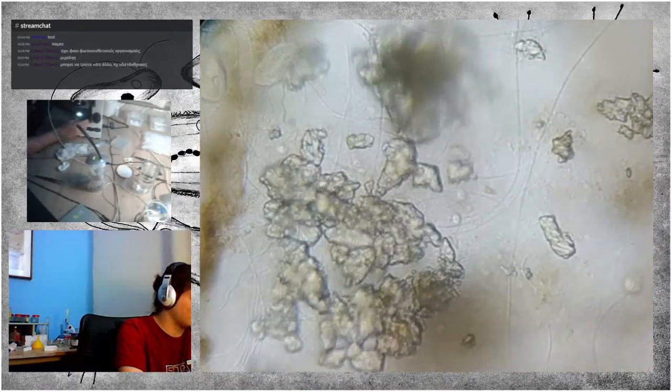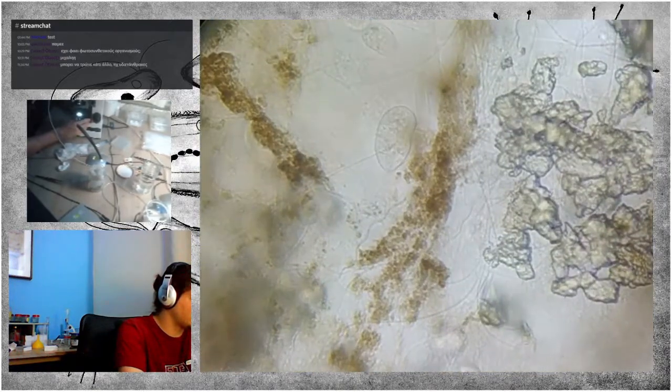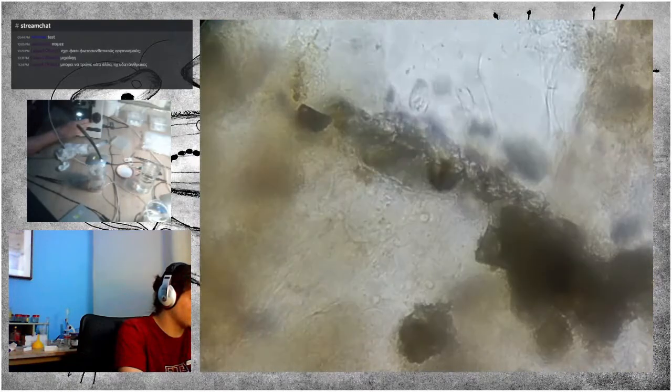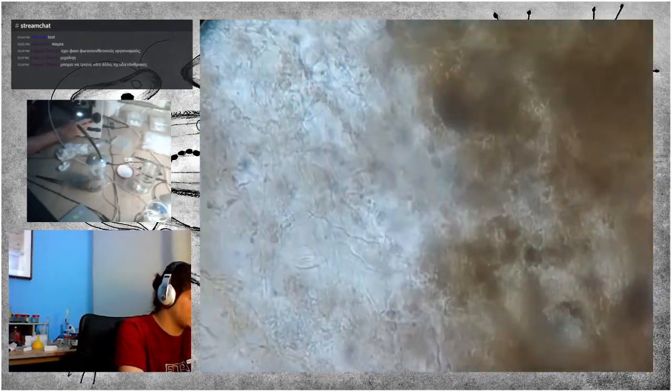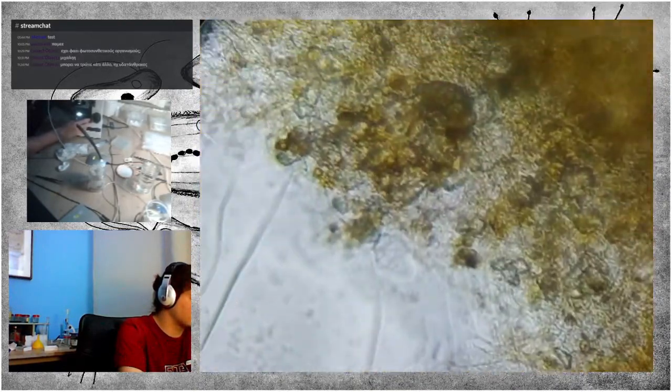Now, the black stuff here could be anything really, from dead organisms to fungus growing in the slide.